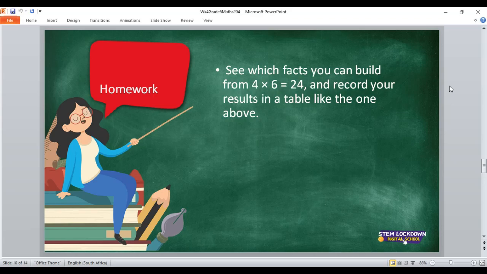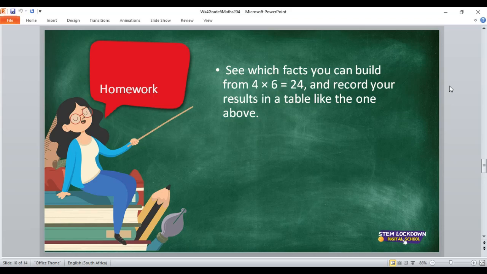And then if you multiply 4,000 by 600, you still get 2,400,000. Okay, now those are the other two factors that we've noticed.